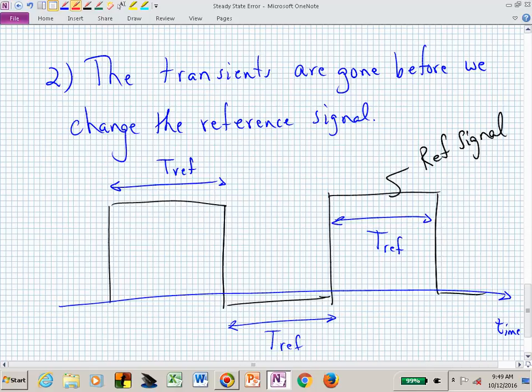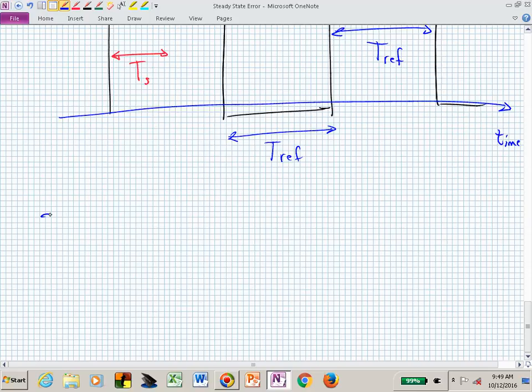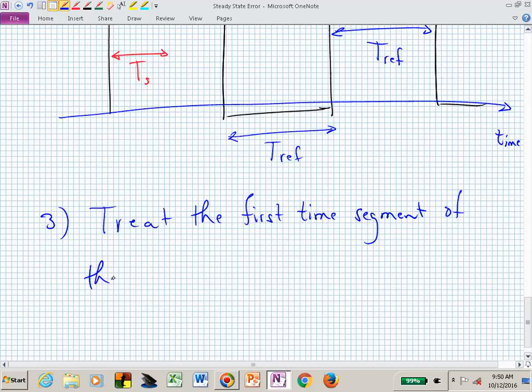But now what number 2 is saying is that T sub S, the settling time, is less than Tref. And the other assumption that we're making when we're using the final value theorem is we are actually treating the first time segment of the reference input as if it went on forever.